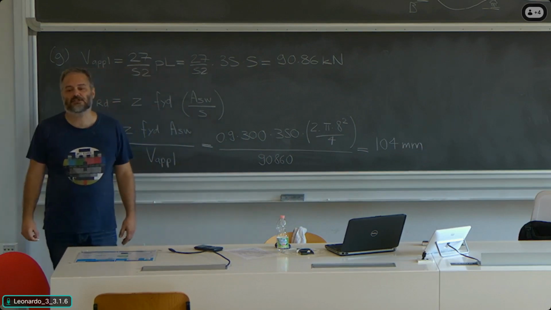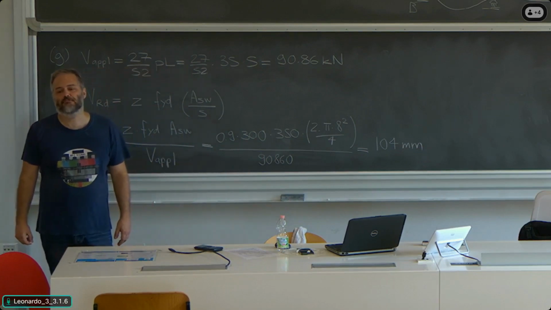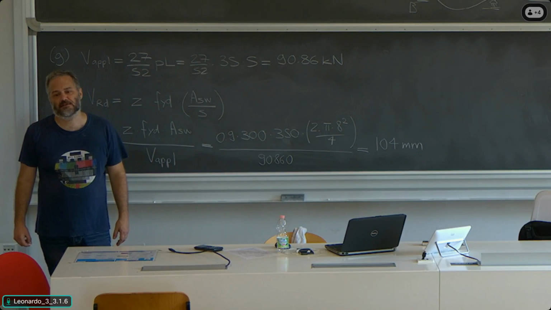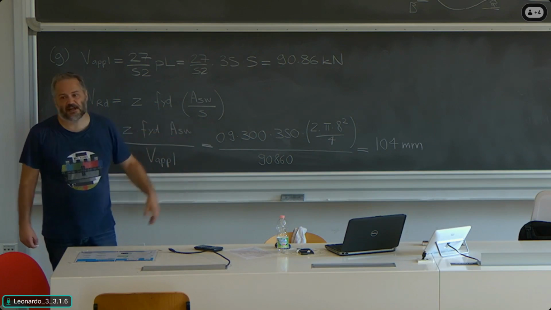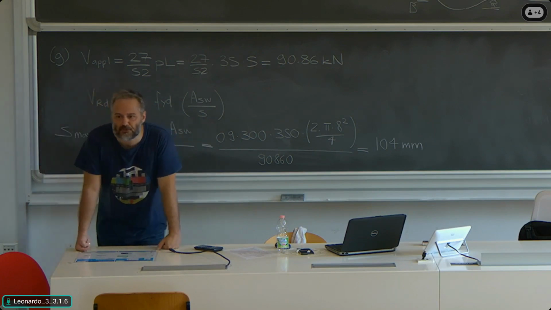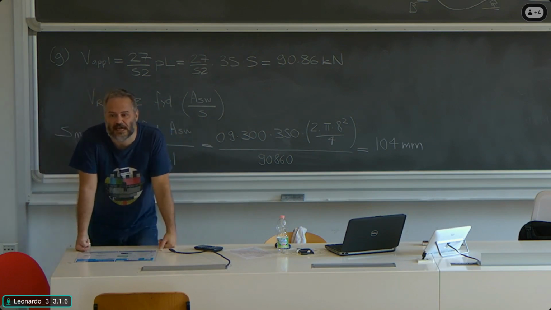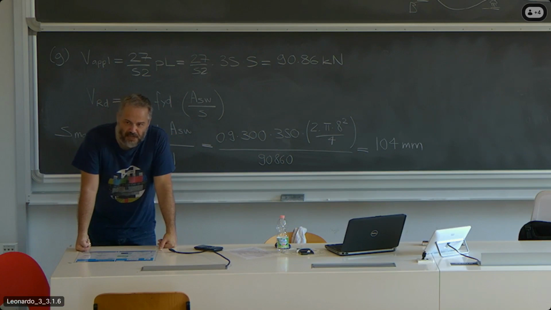How do we round it up or down when you place stirrups? You round it to the next centimeter, or better, it would be nice to have multiples of 5. So in our case, there are two choices. Either I go up to 15 centimeters or I go down to 10 centimeters. As I said previously, the lower the spacing, the higher the shear force which can be resisted.